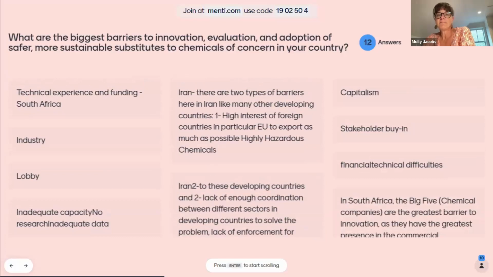And one of our participants here has elevated the economic benefits, right? So one thing that's obviously clear is all the externalities associated with the use of hazardous chemicals. And so we can really maximize environmental benefits, especially economic benefits with regard to environmental and human health, by making these transitions.